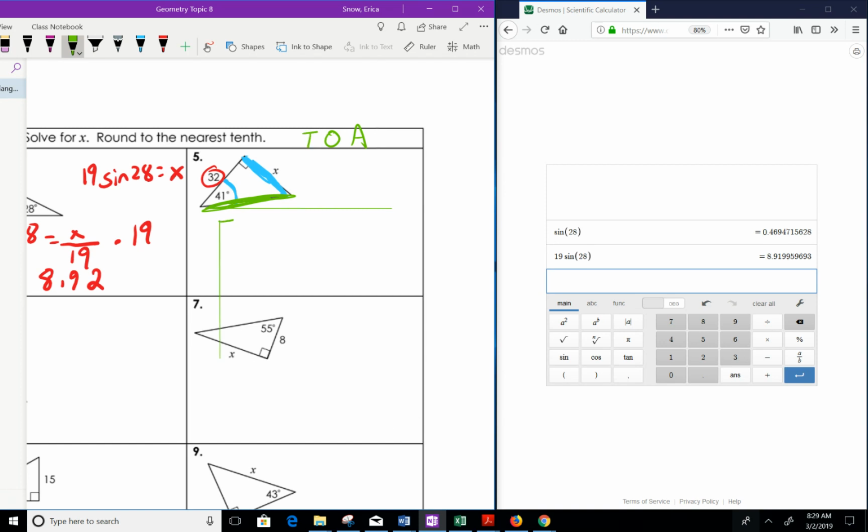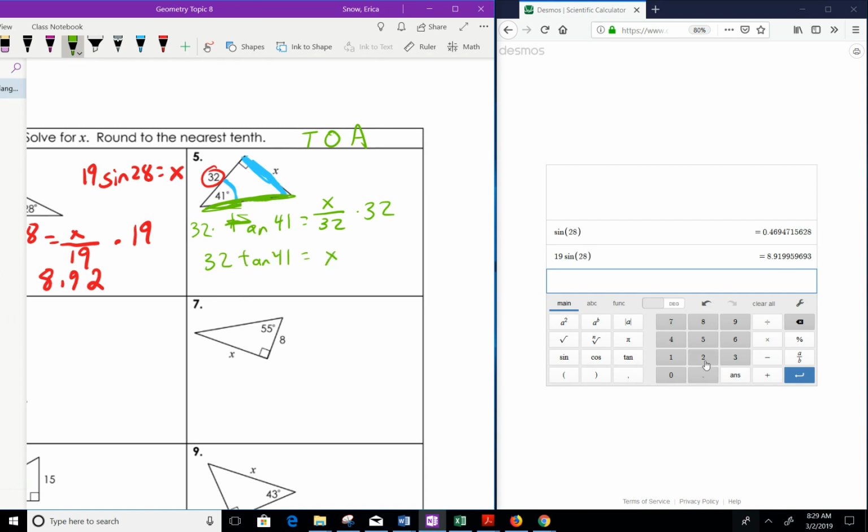So we're going to say that the tangent, I don't know why these random lines show up. I still haven't figured it out. Tangent 41 equals x over 32, because our opposite side over our adjacent side. So now I'm going to multiply both sides by 32. So 32 tangent 41 equals x.